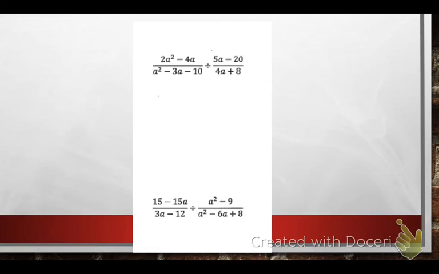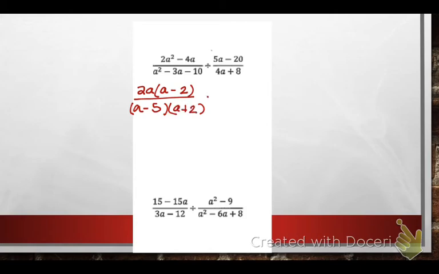So this problem would become 2a squared minus 4a. We can actually go ahead and start to factor here. So let's take that GCF. In the denominator, something that's going to multiply to 10 and add to 3 would be a negative 5 and a positive 2.